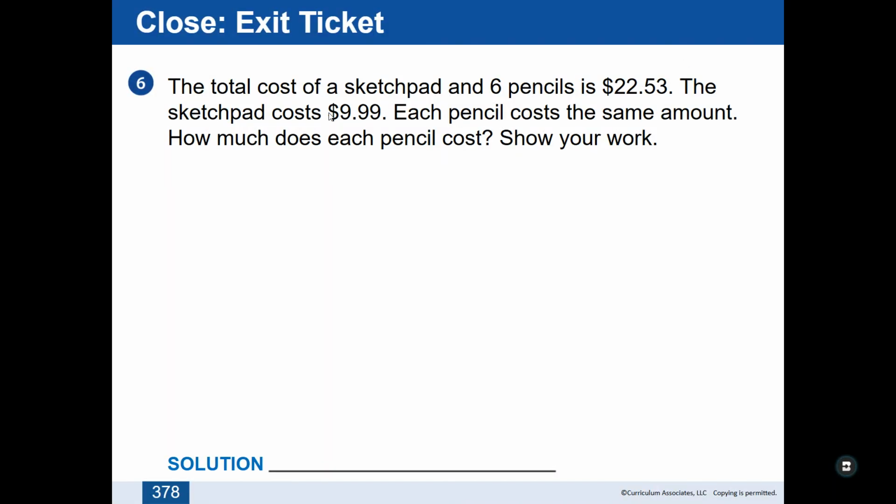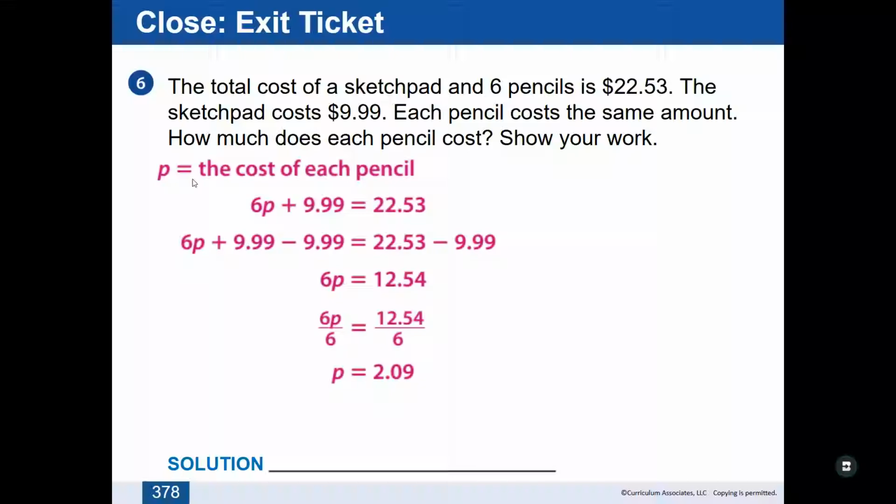We're going to add $9.99 on the other side, and we're going to have 6 times a variable. So we let P equal the cost of each pencil. So we get 6 pencils plus the sketch pad equals the total.